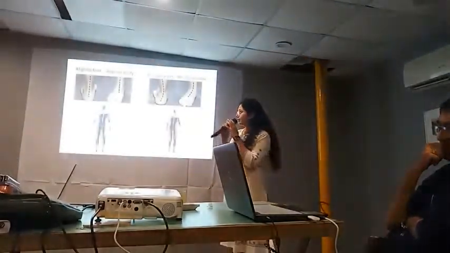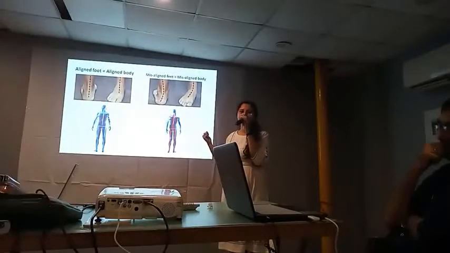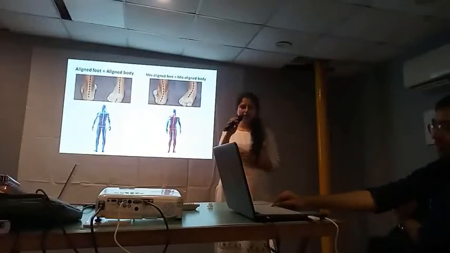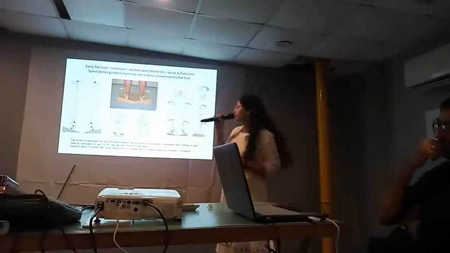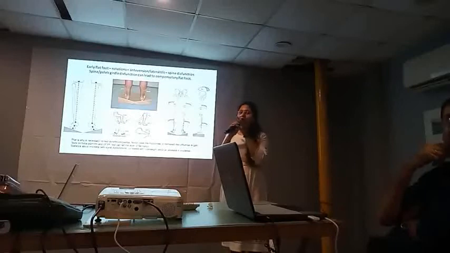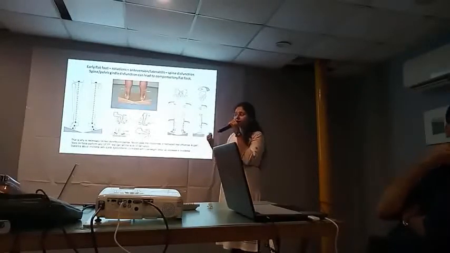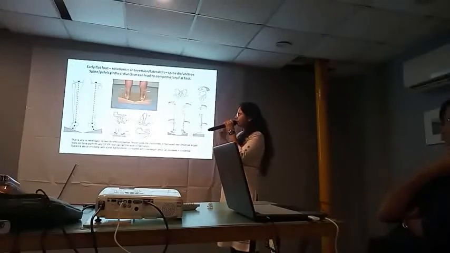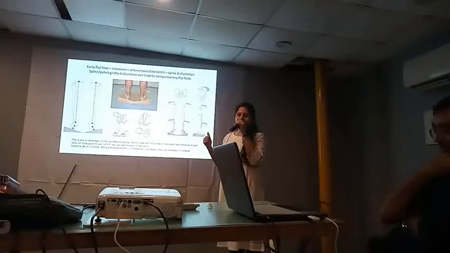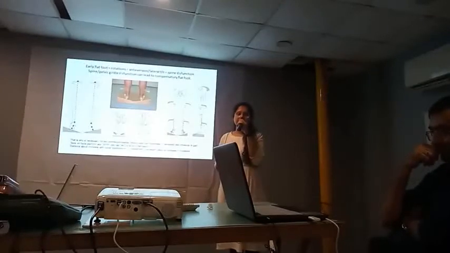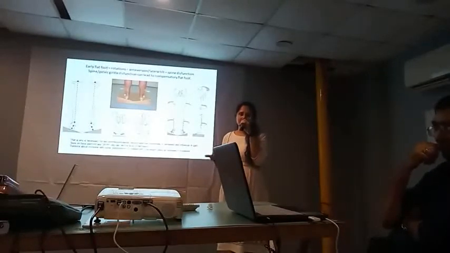So the alignment of the foot is equal to the alignment of the body, and if the foot is misaligned, then the body structure is misaligned. Here you can see how medially pronated and flat the feet are, so the tibial torsion and then the femoral anteversion lead to a tilt in the hip and also spine dysfunction.